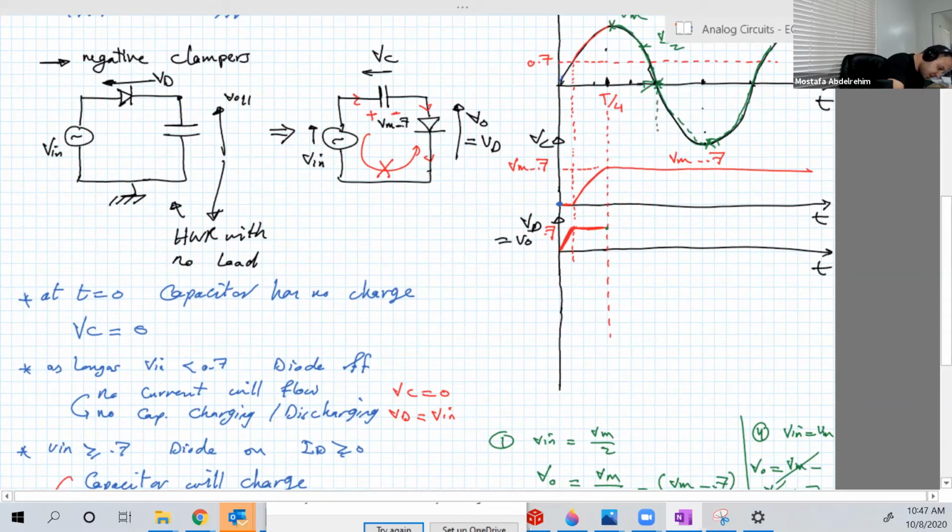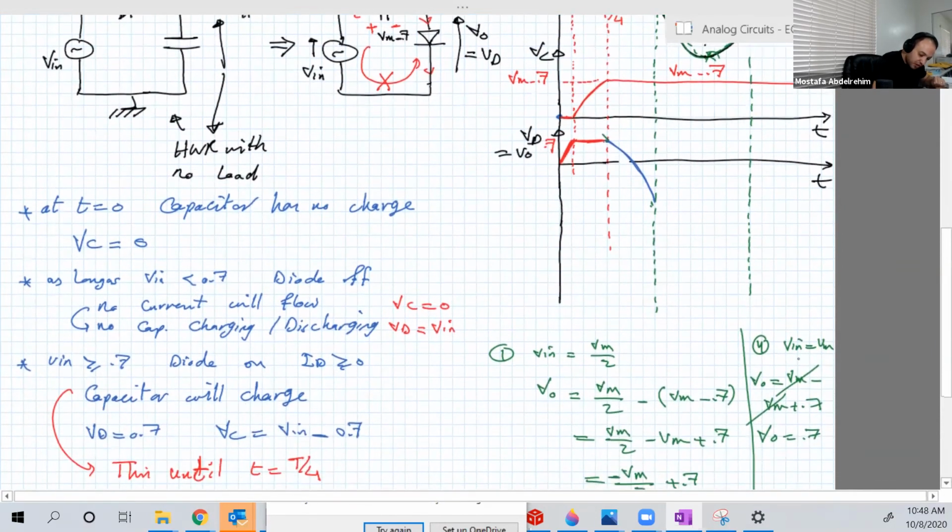So let's take the important points. This is actually exactly the same as this. I know my drawing is horrible, but I'm telling you now, this is exactly the same as this. So this point becomes 0.7 as we proved.